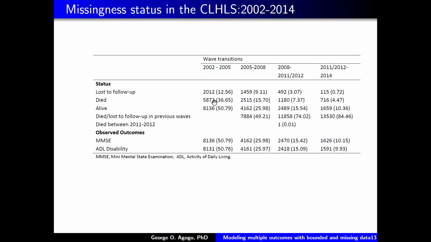For example, we see a lot of missingness between wave 2002 to 2005. Those who are lost to follow-up is about 12.6% in the first wave.